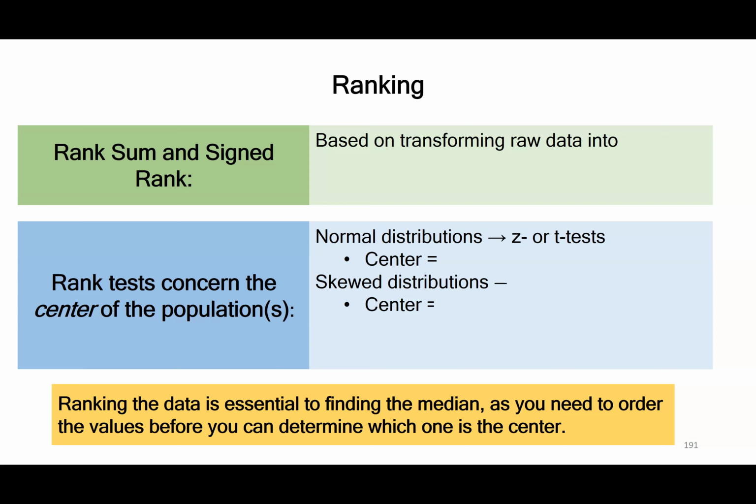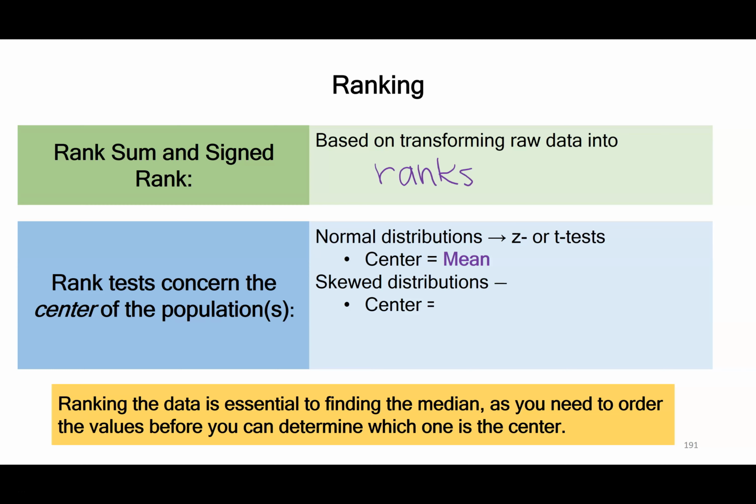What these tests do is transform our raw data into ranks. They sort the data, and we rank them from smallest to largest, or if you're looking at differences, smallest to largest usually. Rank tests concern the center.